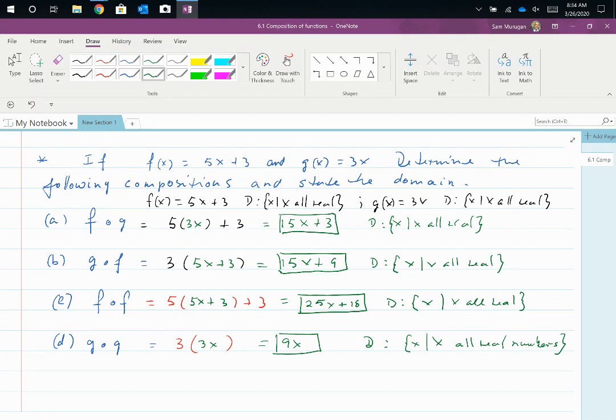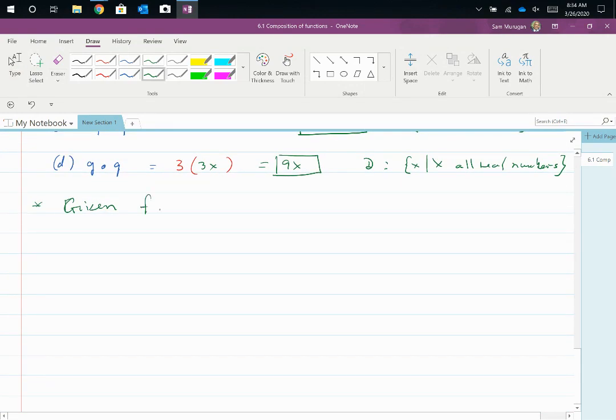Let's look at a few more examples. Let's go ahead and take perhaps this given: f of x is equal to the square function x squared, and g of x equals the square function up 6 places.